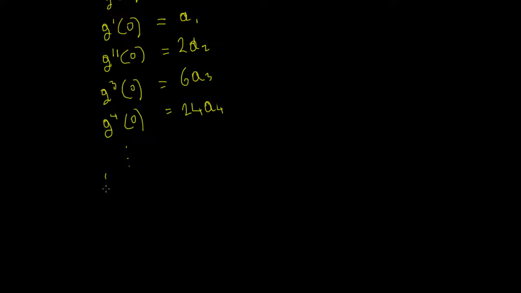And in a general term, gn of 0 would equal n factorial times a_n, because that's what n factorial is. So n factorial there would be 4 times 3 times 2, which is 24, and that would be 3 times 2, and that would be 2 times 1.